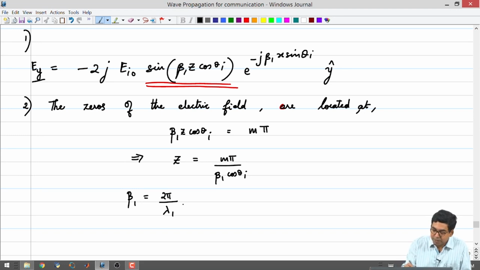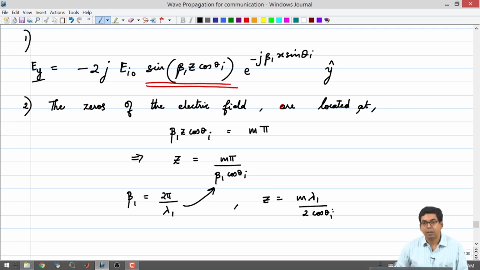Substituting, you get z = m lambda 1 divided by 2 cos theta I. This is the location at which your electric fields will completely vanish.